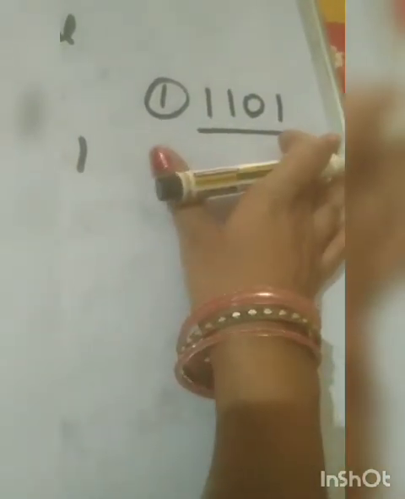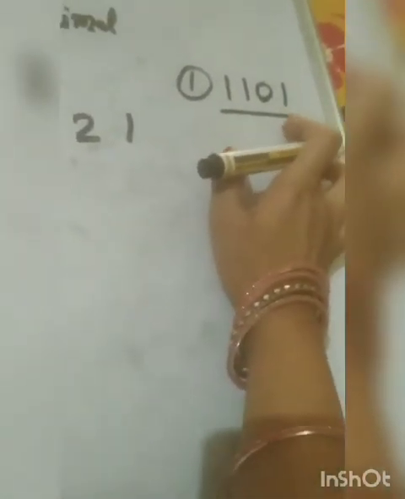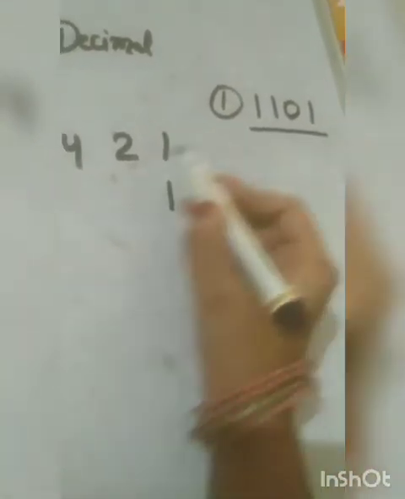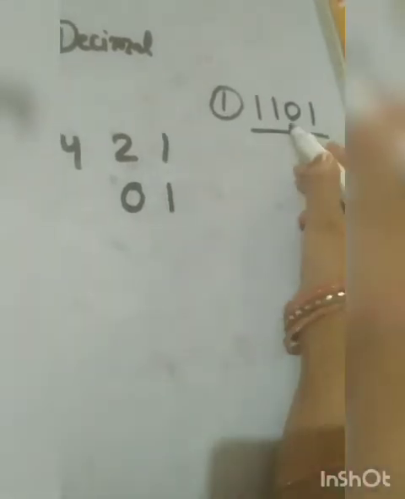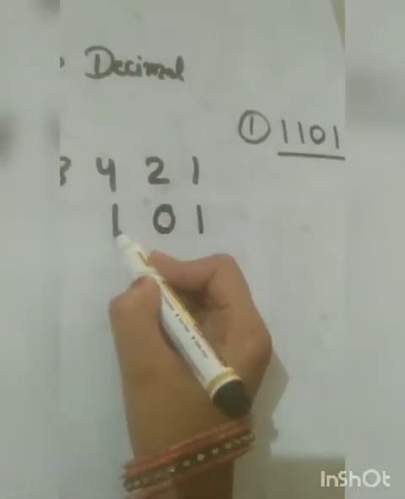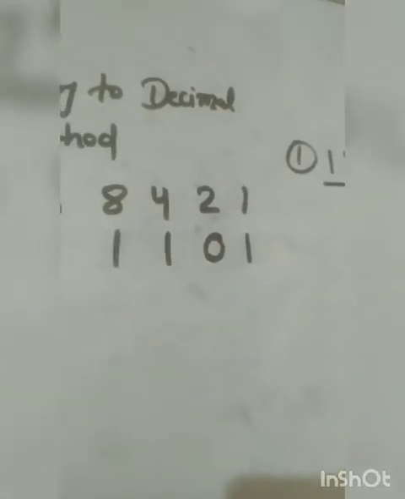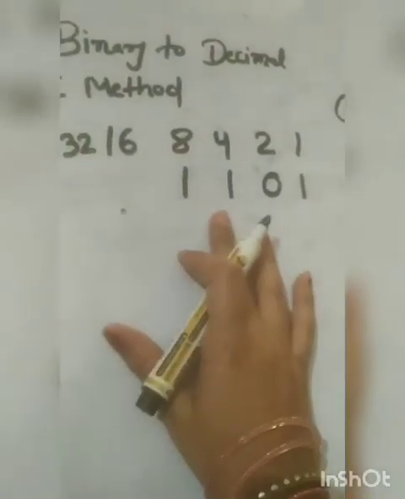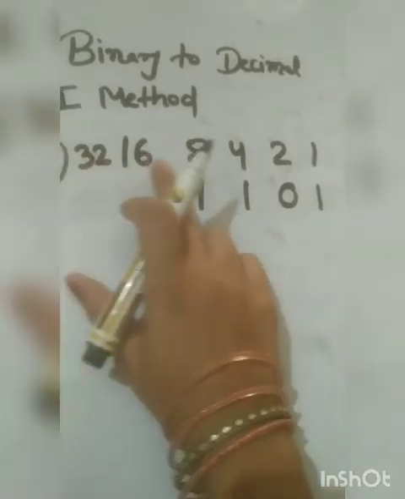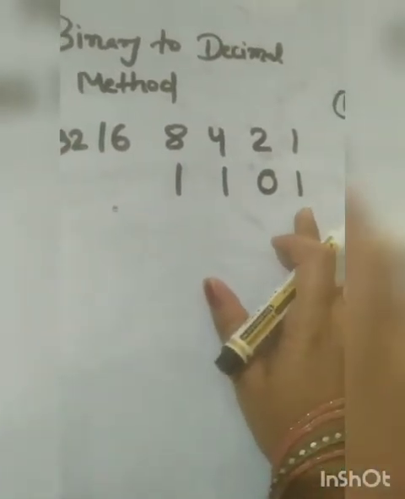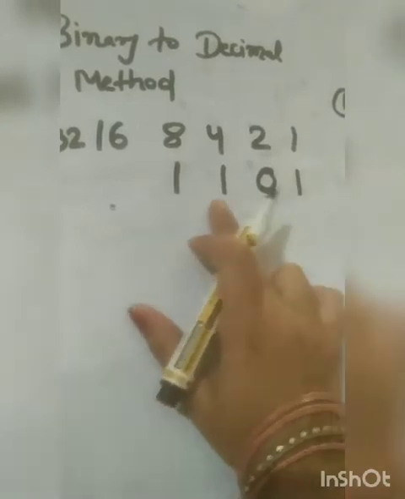First you have to write this: the first 1 you write below 1, then 0, write 0, 1 write here, and this one you write here. Okay, now this is my binary, this is the base of binary, and this is the binary number which I am going to convert.